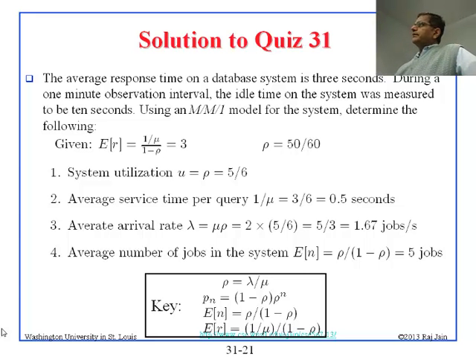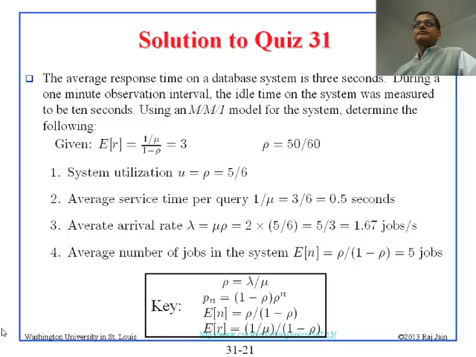So we are given ER. ER is 3. So 1 upon mu divided by 1 minus rho is 3. And rho is given to be 50 upon 60. Why? 50 seconds is busy out of 60. I don't know how many people got to that line. If you got this line, then everything else is simple. Once you know rho, you can calculate mu from here.